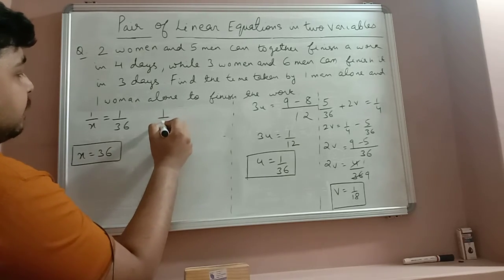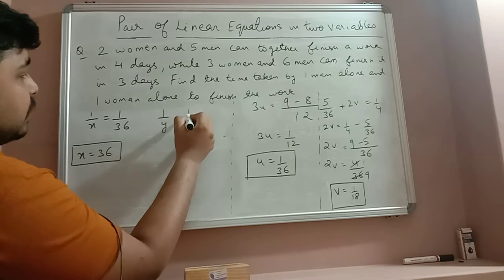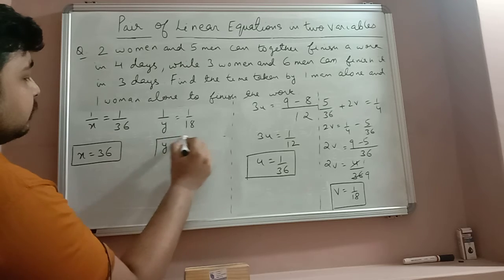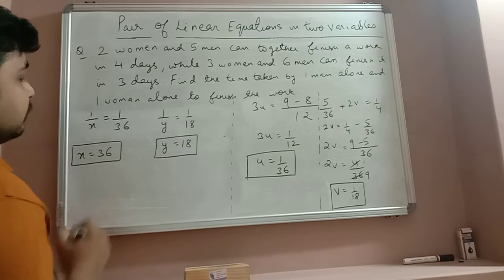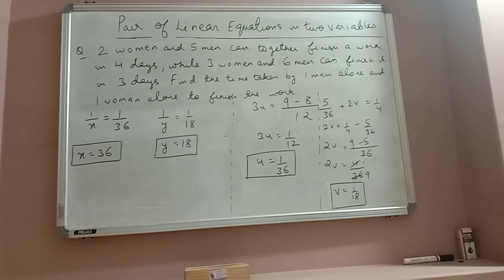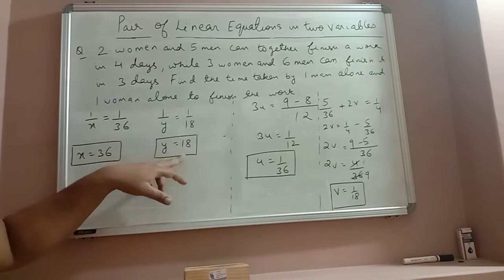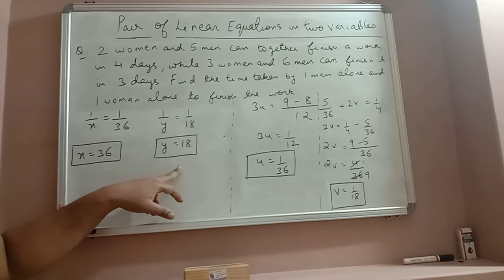And 1 by y was v, v is 1 by 18, so y equals 18. So time taken by one man alone will be 36 days and time taken by one woman alone will be 18 days.